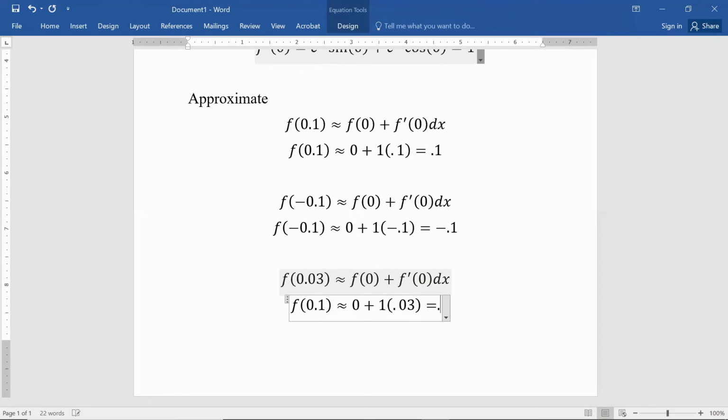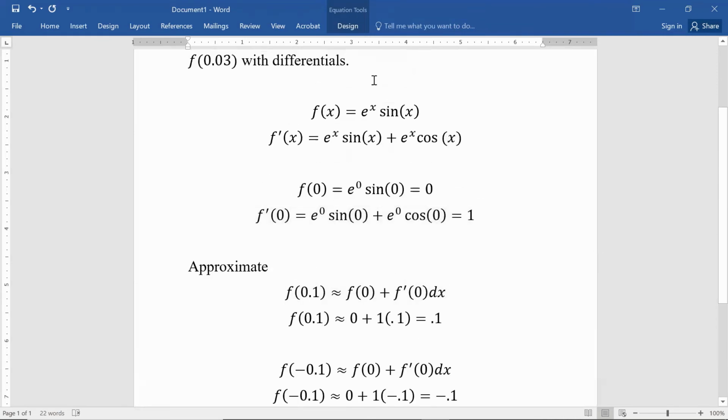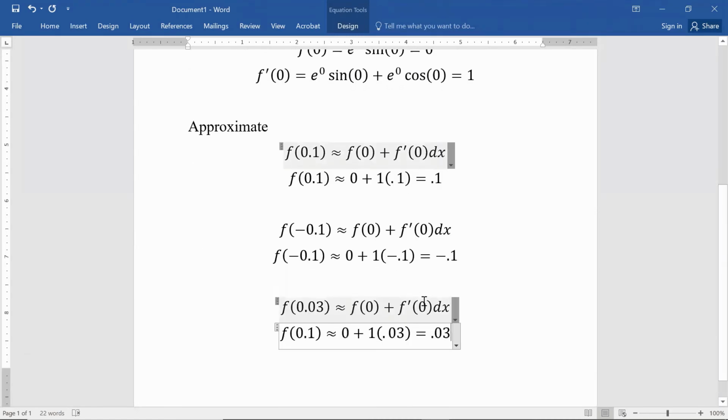And we get 0.03 as our answer. You can plug all three values into your calculator and see how close of an approximation you get. Like e to the 0.03 multiplied times sine of 0.03 should be very close to 0.03. In fact, it is 0.030909, rounding to a few decimal places.